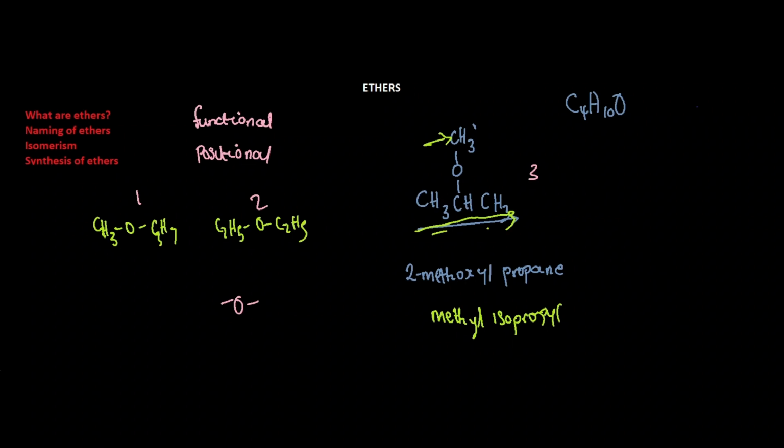Now let's take a look at the synthesis of ethers. Ethers are formed by the dehydration of 2 molecules of alcohol. Okay, so let's take the alcohol methanol. Methanol has the formula CH3OH.